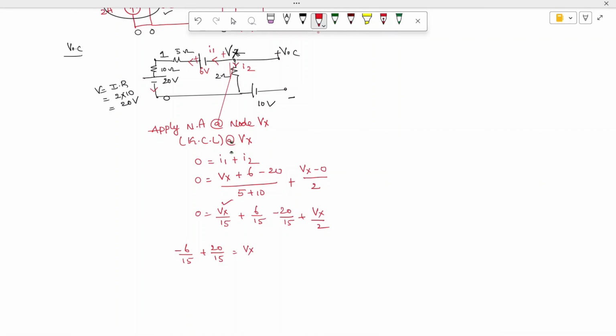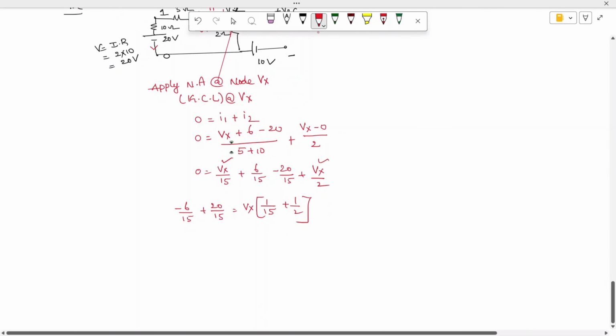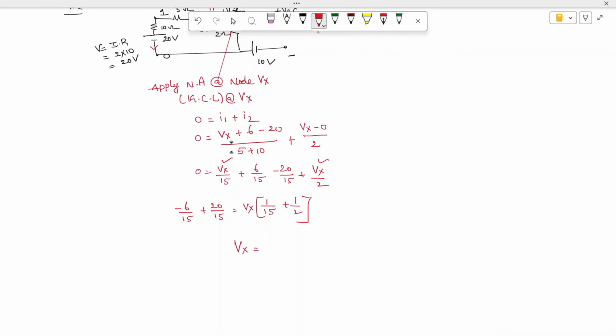I am going to take common. When you take Vx as common, this is 1 by 15 plus 1 by 2. So from here I can successfully calculate the value of Vx. Use your calculator, then you can get this value. So therefore the Vx we are going to get is 1.643 volts. But our target is not the value of Vx.